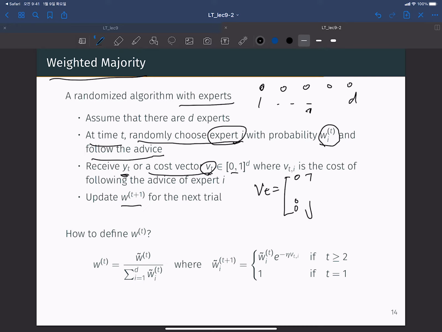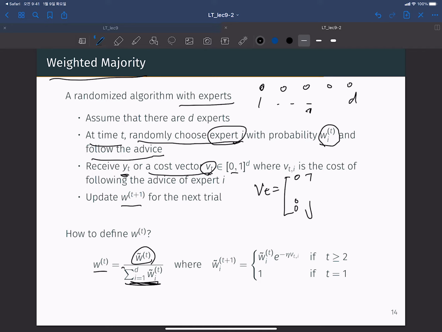And then how can we update w_t, the probability vector? First, the probability vector is proportional to the w tilde parameter. This denominator term is just a normalizing factor, so that w_t becomes a probability vector, non-negative, and the sum of all the elements equals 1.